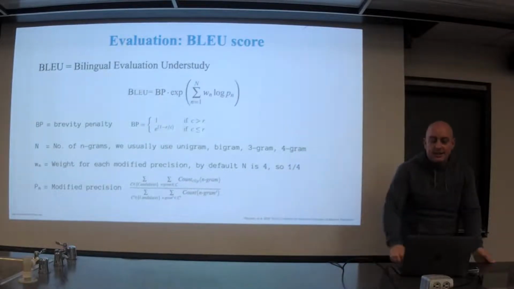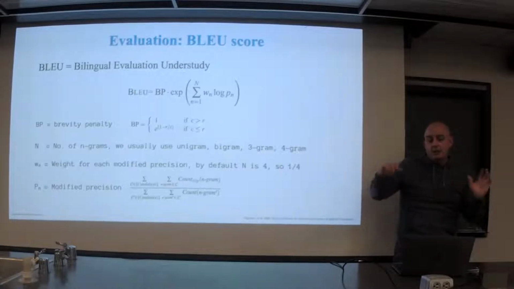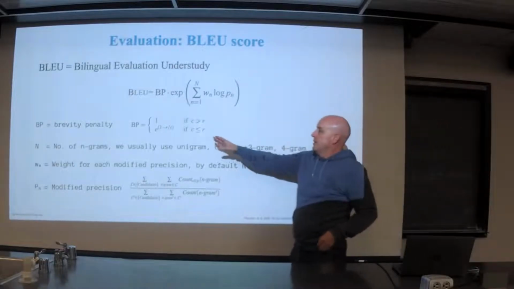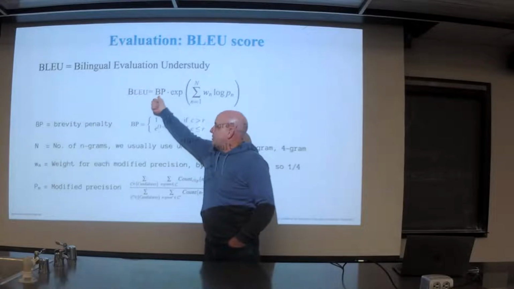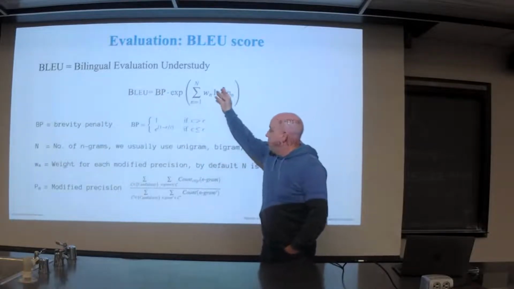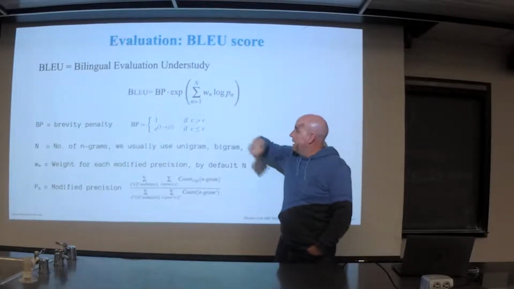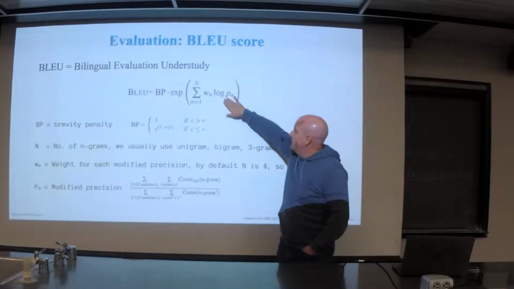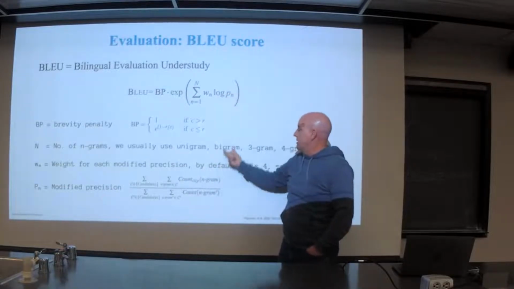Anyways, the point is that this is a score that goes up if you do not suffer a penalty, or you have greater and greater matching n-grams at all the different levels.